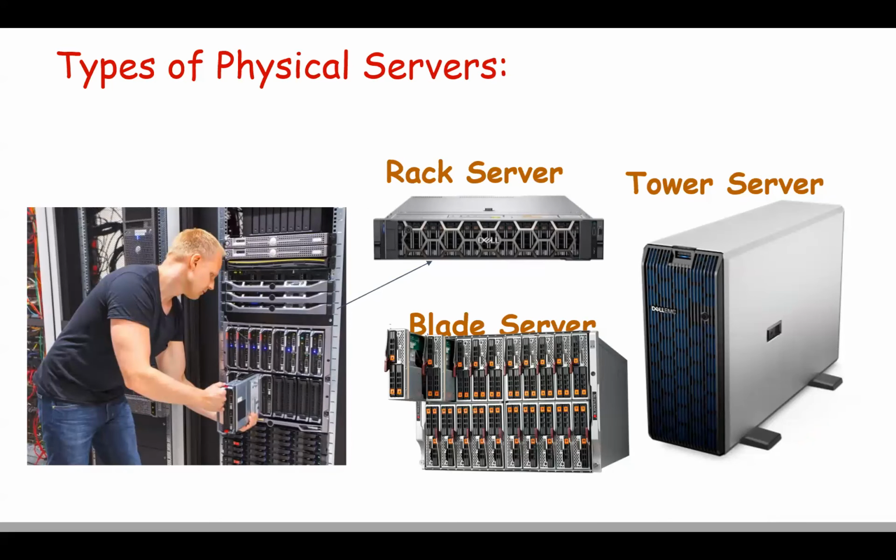So here you can see the person is removing one box that is nothing but a server. So this is how the data center looks, friends. You can see these are called racks. In this, you can see n number of physical machines available. These are all high configurations.